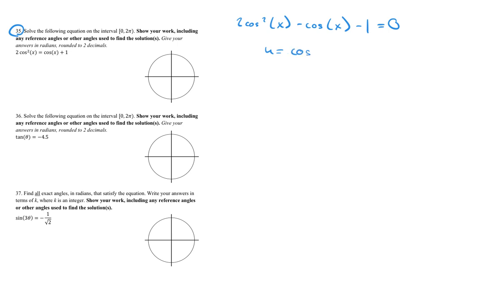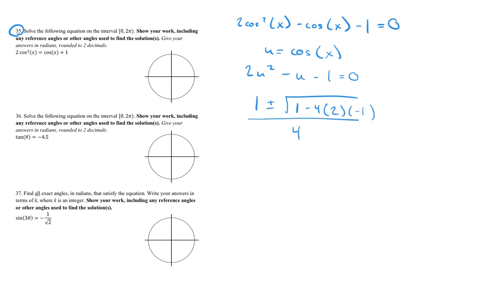So if I say that u equals cosine of x, I can rewrite my equation like this, which is much easier to solve. So from here, we're going to go ahead and use our quadratic equation. So we get negative b, so 1, plus or minus the square root of b squared, so 1 minus 4ac, over 2a, which is 4.